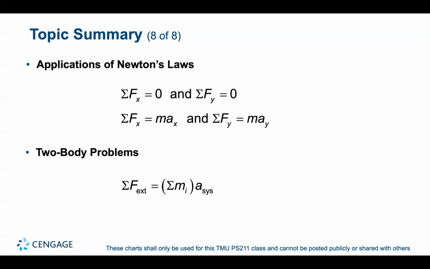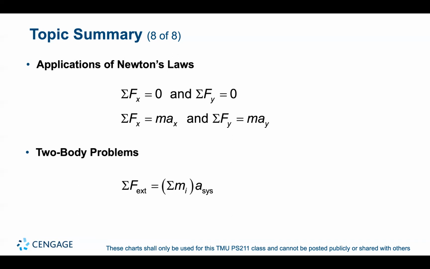And then for a 2-body problem, if 2 bodies are interacting with each other, the second law of motion must be developed for each individual body and the resulting equations solved simultaneously. If the interaction involves 2 objects connected by an inextensible string so that the bodies have a common acceleration, it's possible to use a system approach.